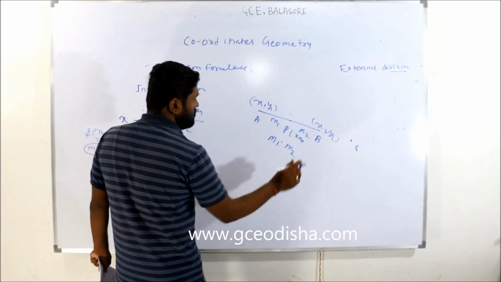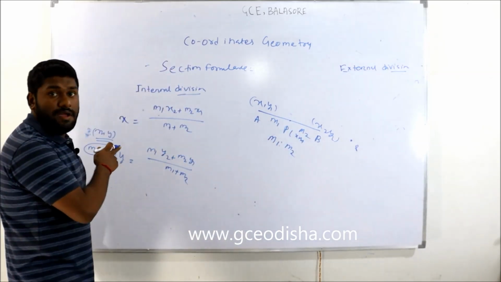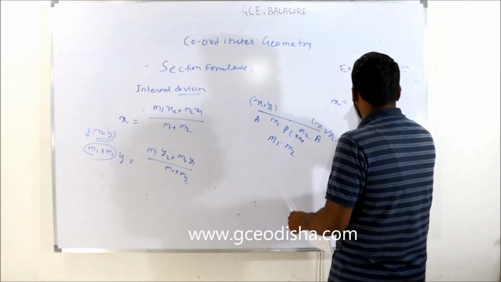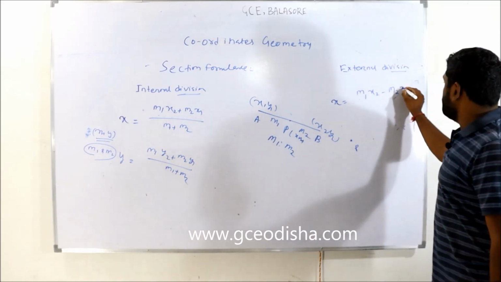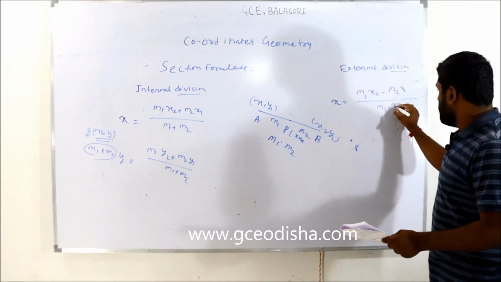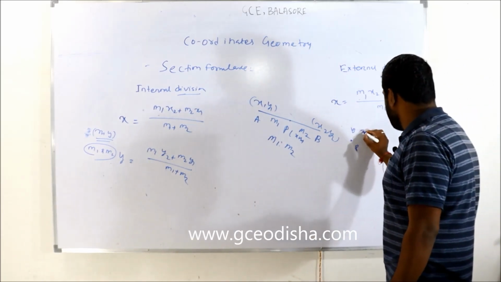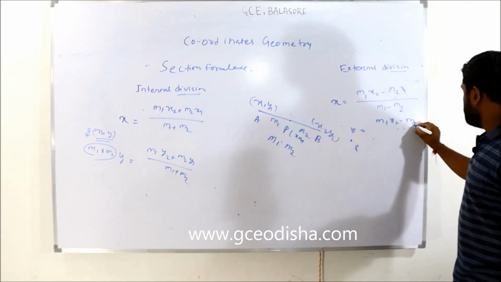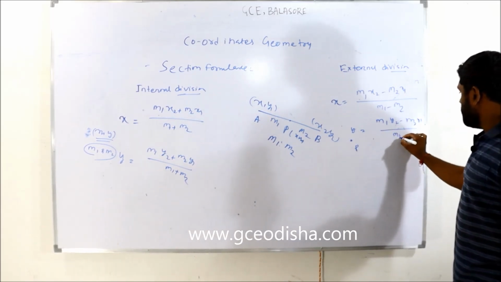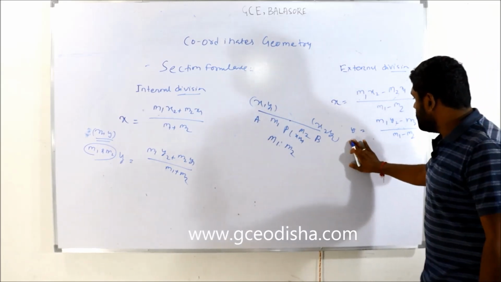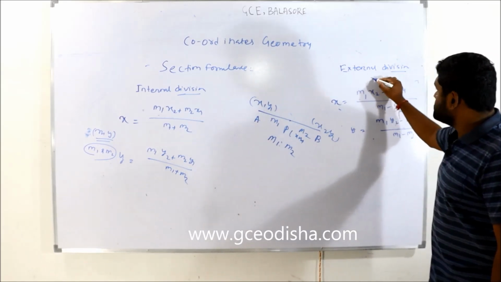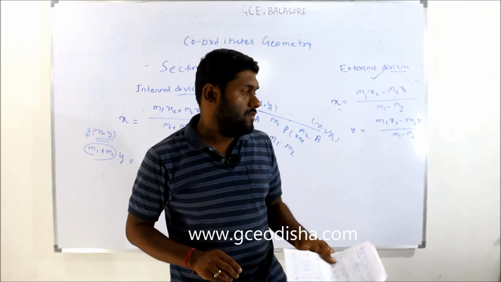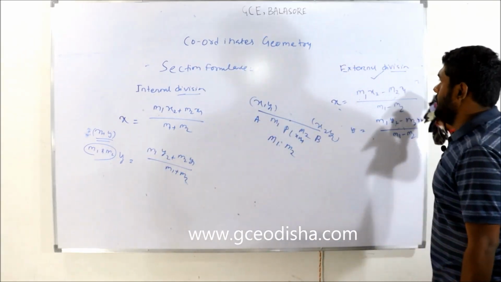When you go to external division, x is equal to m1 x2 minus m2 x1 divided by m1 minus m2. For y, it is m1 y2 minus m2 y1 divided by m1 minus m2. This is for external division, and the earlier one is for internal division. Just remember the formula. We'll do problems later.